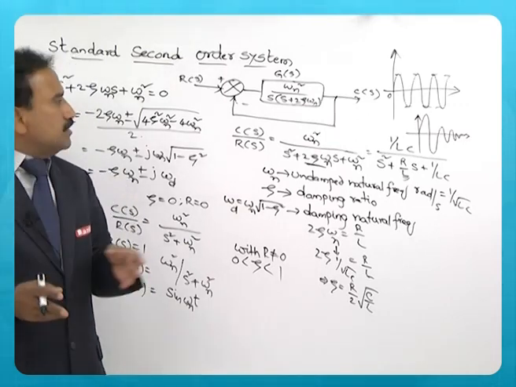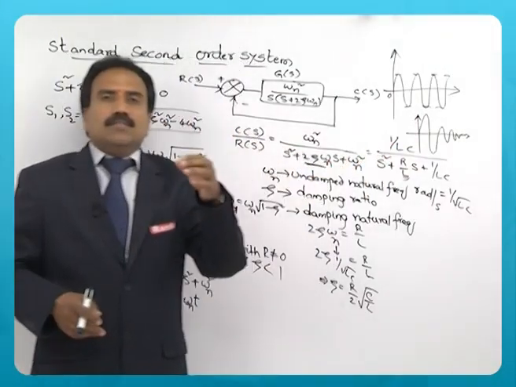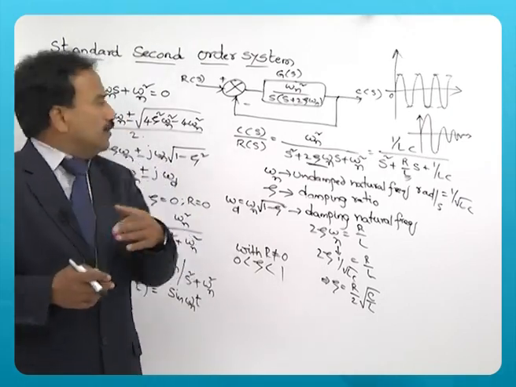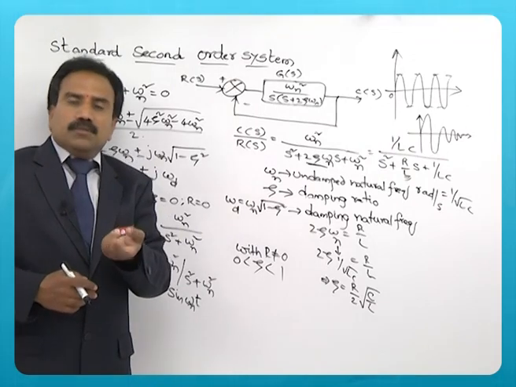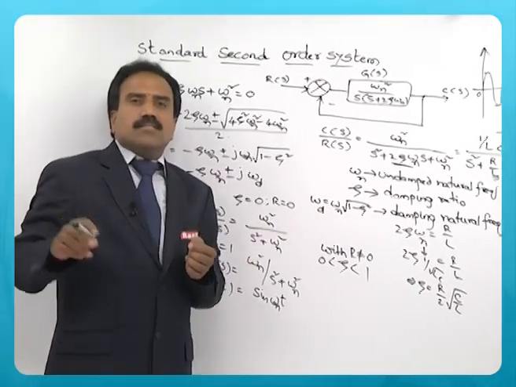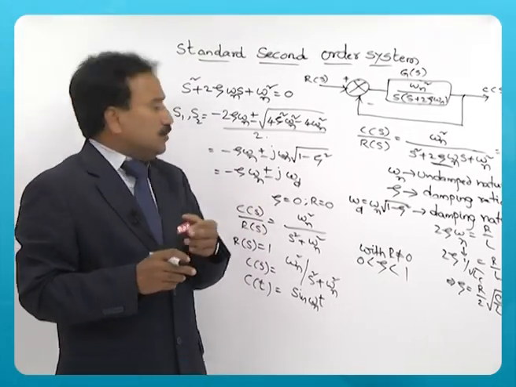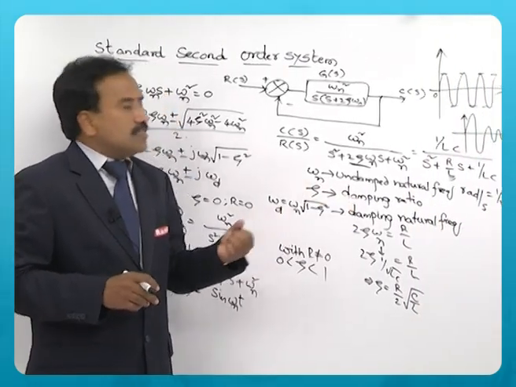They are called damped oscillations. Damped oscillations means the amplitude of the signal decays exponentially. So this is the advantage of the damping coefficient or damping factor, that the impulse response decays as early as possible if you provide some zeta. That is the significance of damping ratio or damping constant.